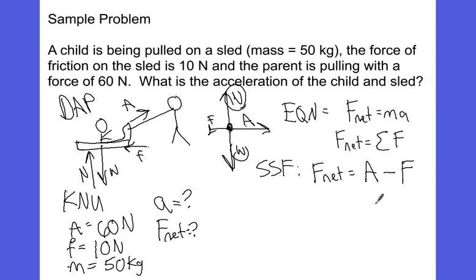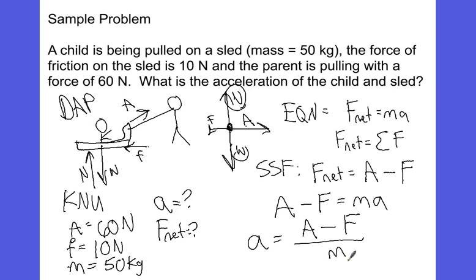So now I know that applied force minus friction equals mass times acceleration. And if I solve that for acceleration, acceleration equals applied minus friction divided by mass. And I'll let you plug in the knowns and figure out what the unknown acceleration would be.